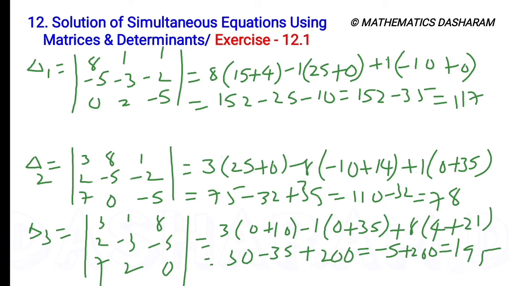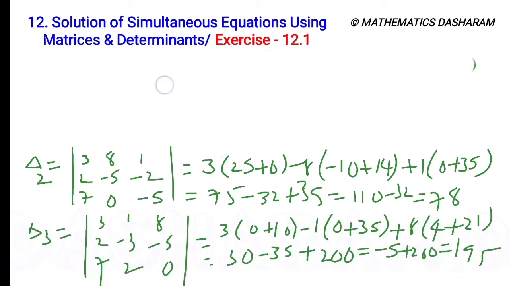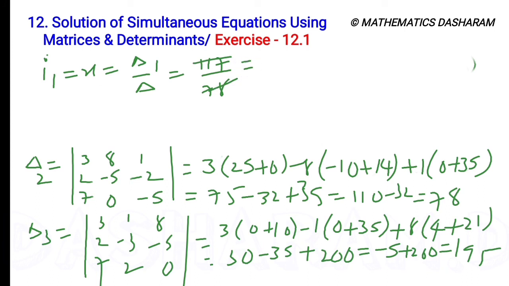So next, our required values: first is i1. The i1 formula, x means delta 1 by delta. Delta 1 is 117 divided by delta, 78. 78 ones are 78, so 1.5.